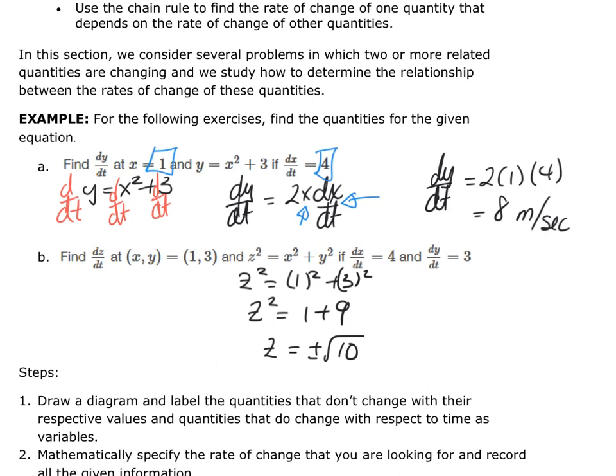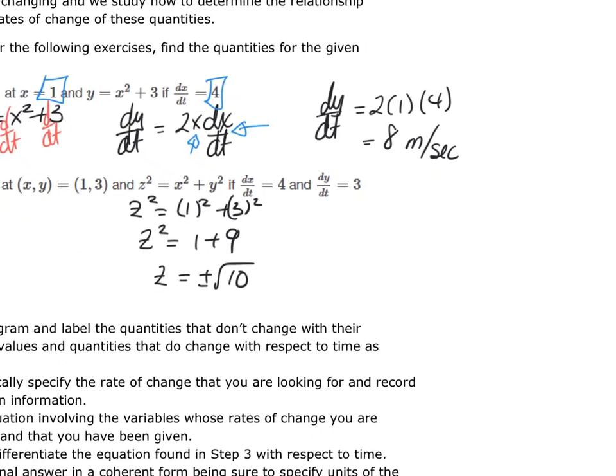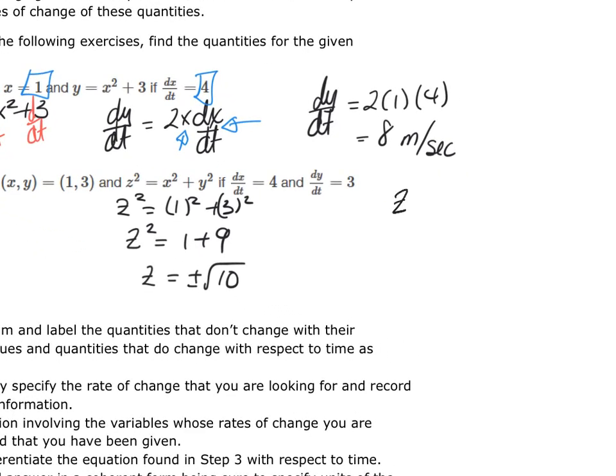Now I needed that because when I do my derivative, I'm going to have a z value with it besides the dz/dt. So let's do the derivative with respect to time. I start out with z squared is equal to x squared plus y squared. I'm going to do each one of these derivatives with respect to time.